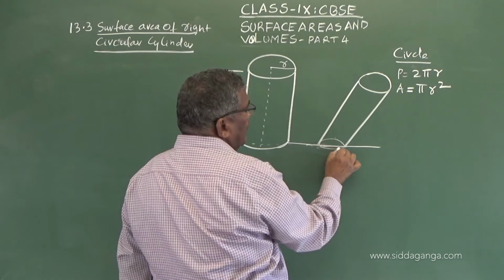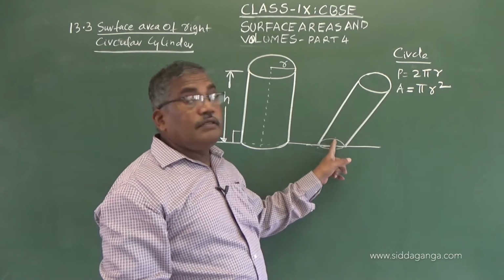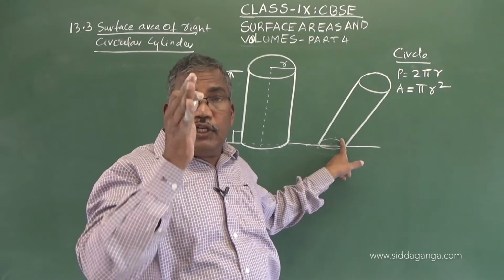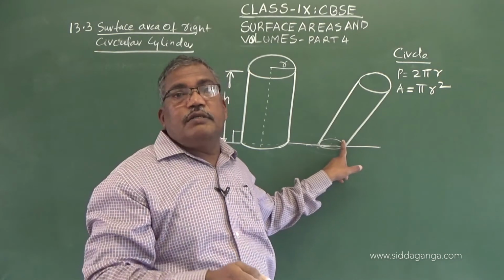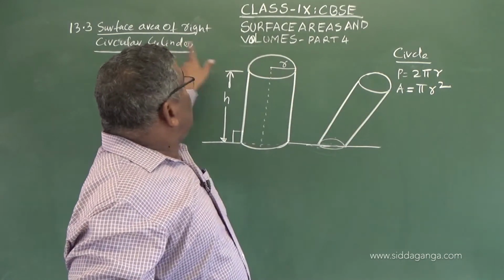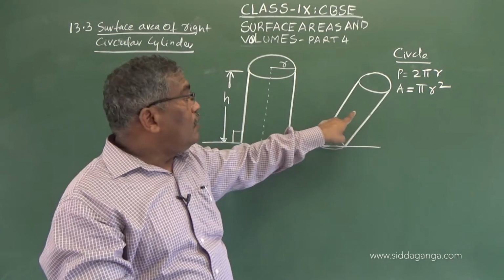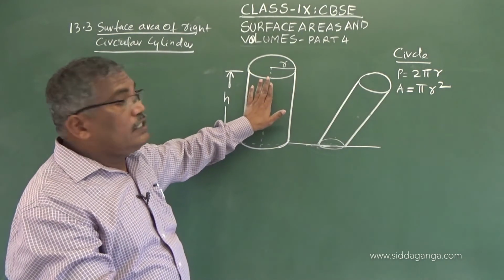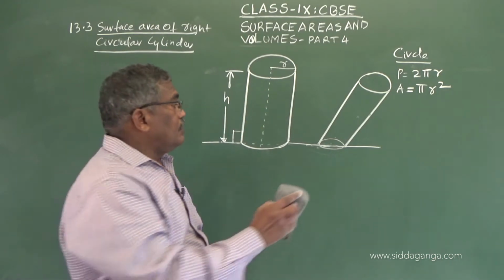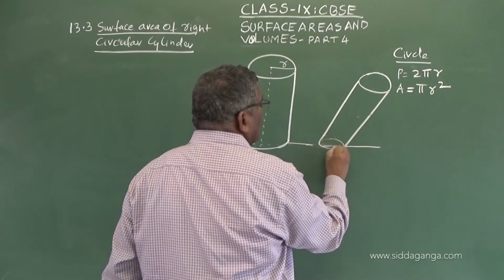Such cylinders which cannot be placed vertically to the ground, to the base, are not called the right circular cylinder. We are discussing the right circular cylinders in your syllabus. You remember this.